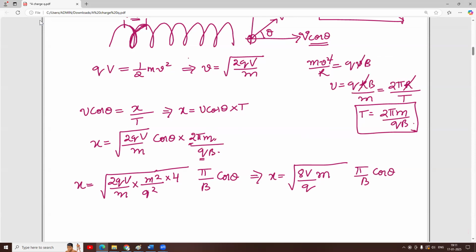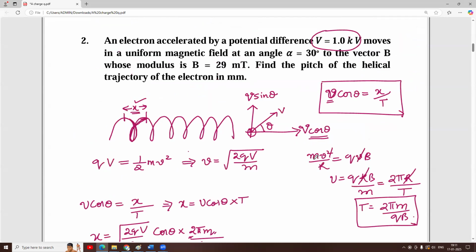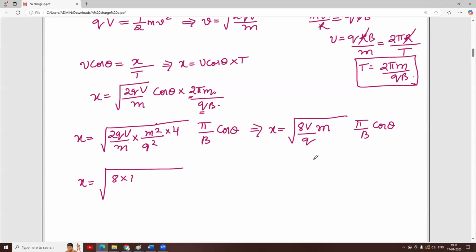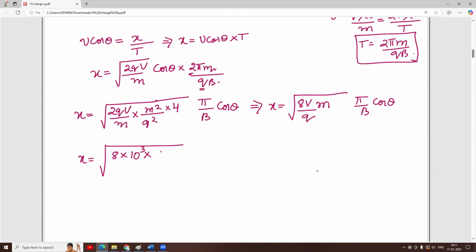You can substitute the values. So x is equal to root of 8. Potential difference is 1 kilovolt, I think. Yes, 1 kilovolt, 10 to the power 3 volt. And m, it is an electron. So the mass of the electron is 9.1 into 10 to the power minus 31 kg.